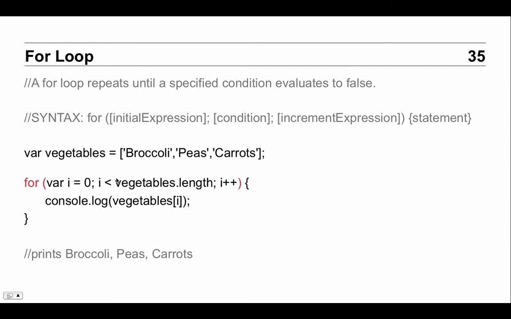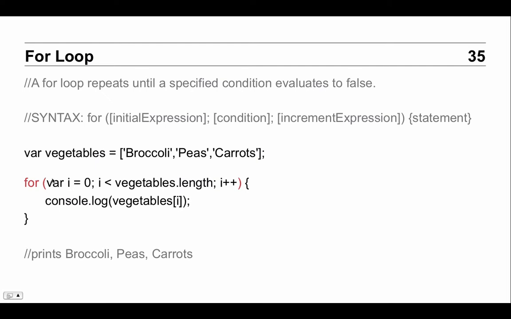Here I'm calling the array itself, vegetables, which we know has 1, 2, 3 elements, a length of 3. So this essentially says as long as i is less than 3, we're going to i++. This is the increment expression, where each time the loop runs, we're going to increment i by 1.